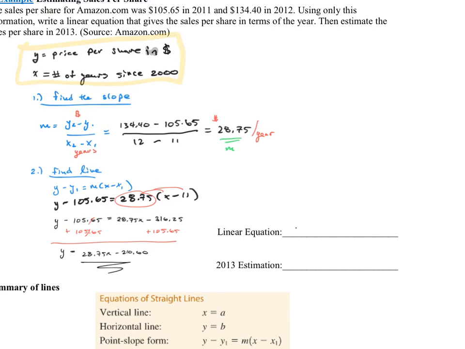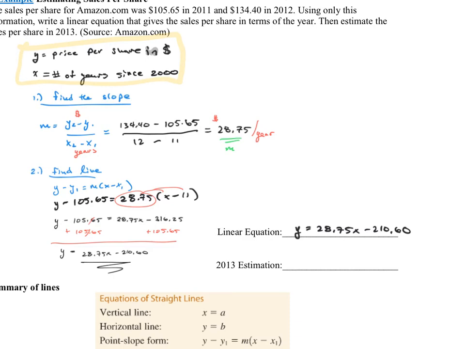So my linear equation becomes y equals 28.75x minus 210.60. Okay, so again, really, really important here. Make sure you've provided that key so we understand that. You didn't have to use the variable x. I've seen a lot of people use like t for the year, for time. Totally up to you. I like using y and x whenever possible.